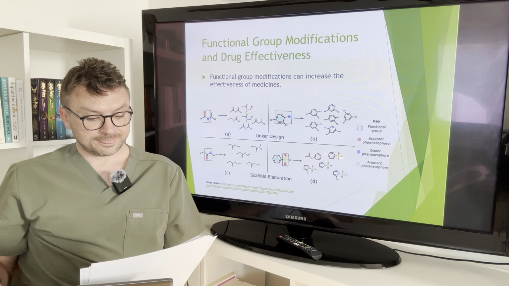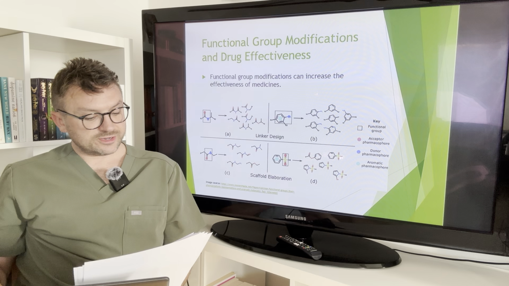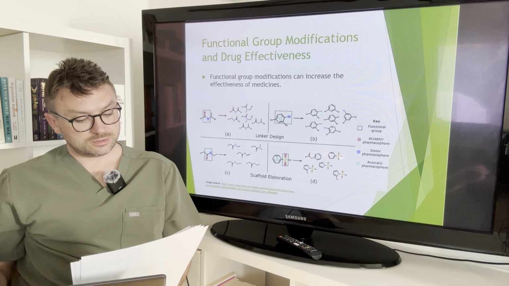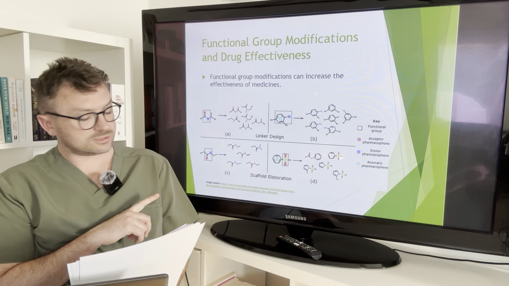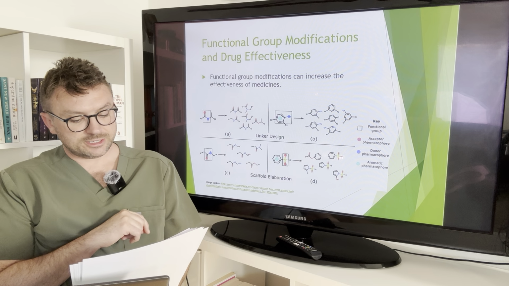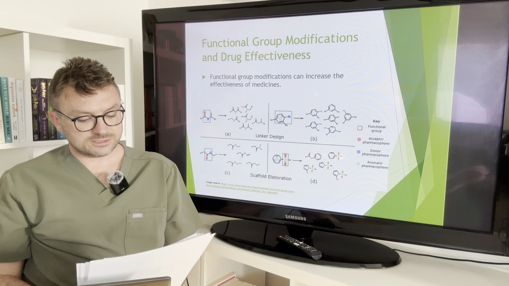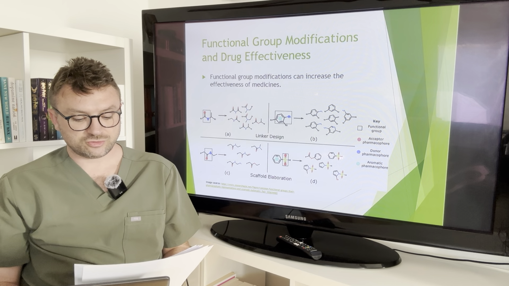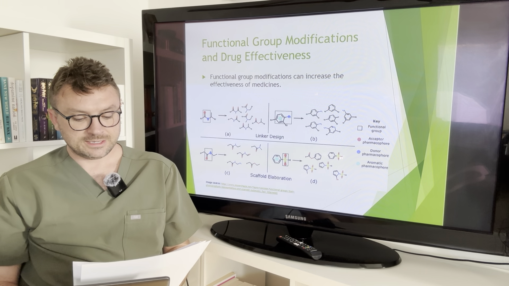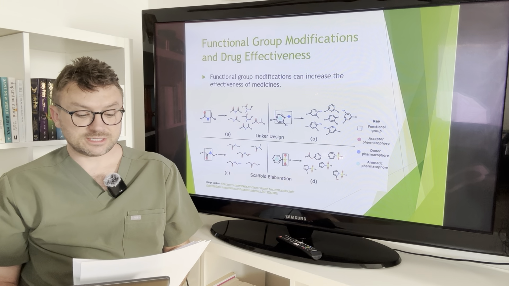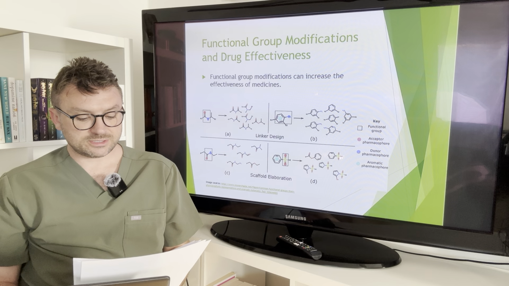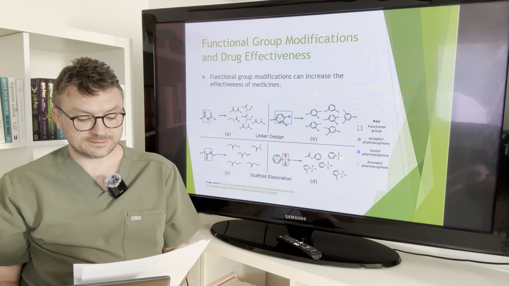Functional group modifications, like the ones in this slide, can increase the effectiveness of medicines. For example, introducing a functional group that improves receptor binding may increase potency. Greater potency means smaller doses can achieve the same therapeutic effect.